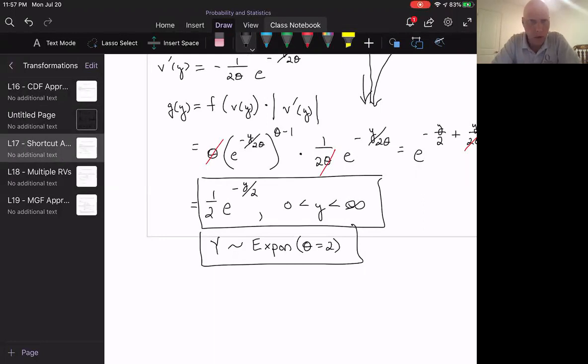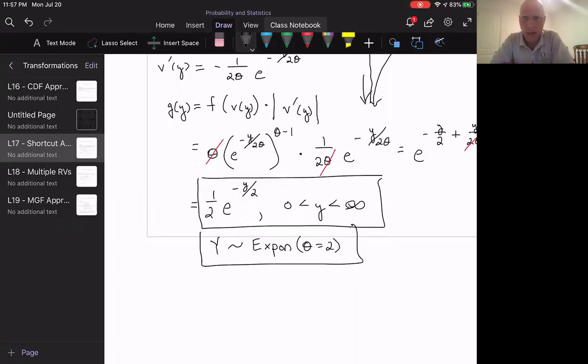So exponential 2 is a nice way of finally saying what your ultimate answer is. And that's it. So we've gone through, I think, half the topics for this. So we may finish this topic on Thursday, and then for the rest of the term, we will get into more statistical ones.